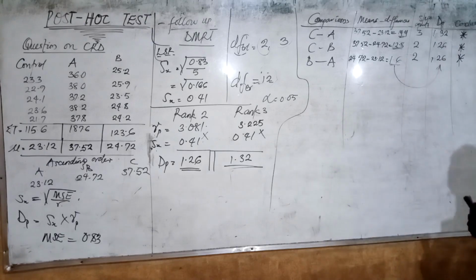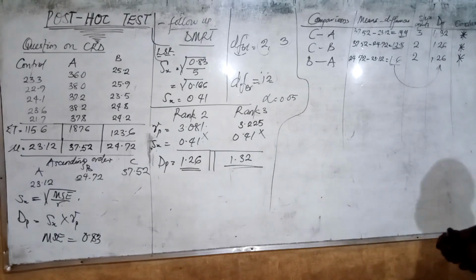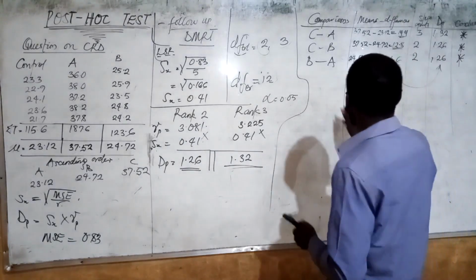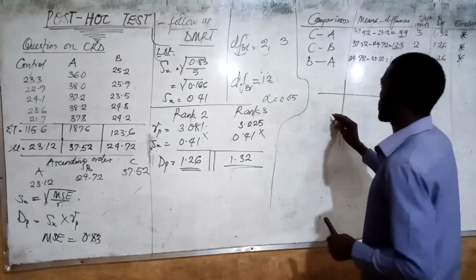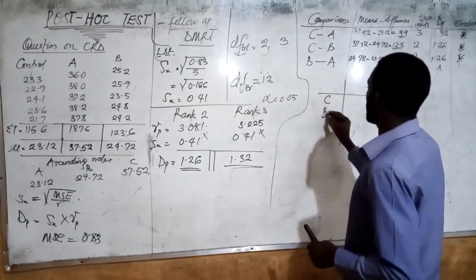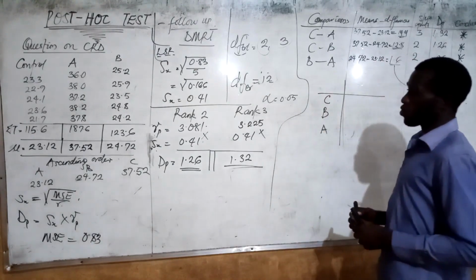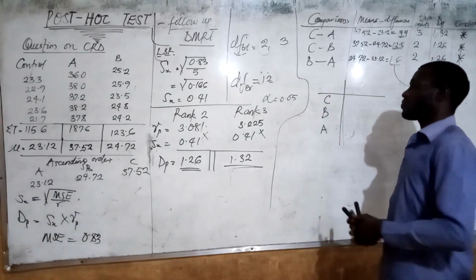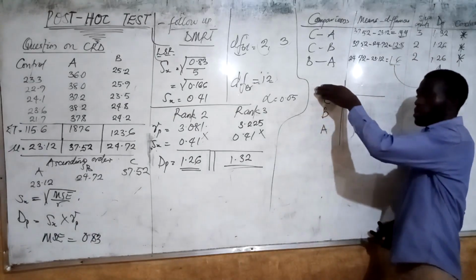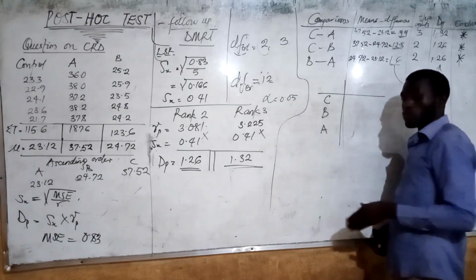So all our means are significantly different. Hence, when we want to separate them using letters, we have C, B, and A. What you do is arrange in descending order here.